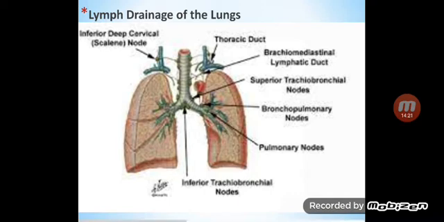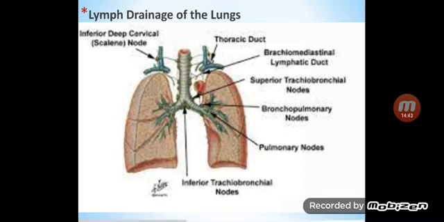So they drain the substance of the lung or the lung tissue, the parenchyma of the lung, inside the lung tissue. Ends in the hilum. When it drains to what? Just like the superficial, it ends in the bronchopulmonary lymph nodes at the root of the lung.